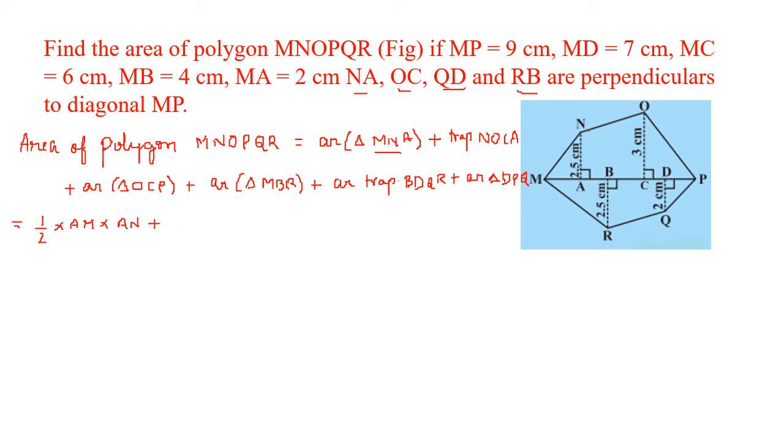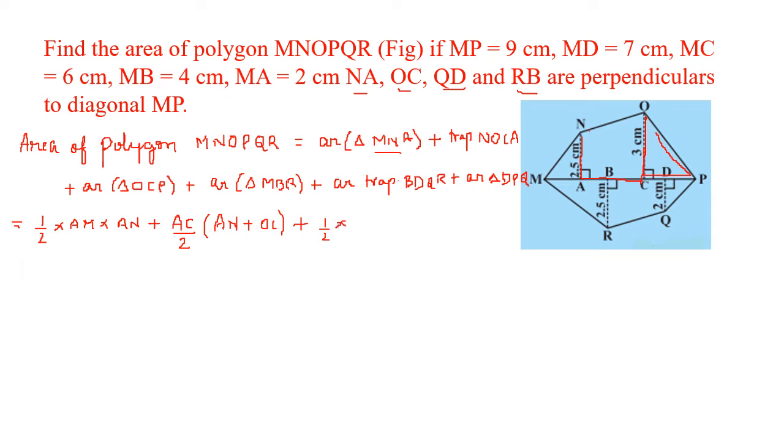Area of trapezium NOCA, here AC is the altitude, so I will write AC upon 2, the height upon 2, into the sum of the parallel sides. The parallel sides are AN and OC. So I will write here AN plus OC.